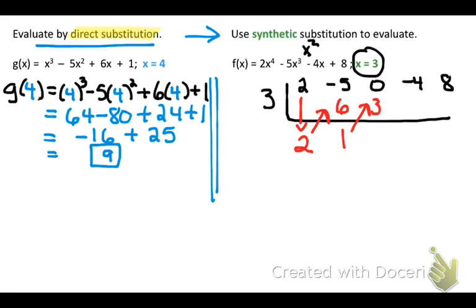We add 0 and 3. 3 times 3 is 9. Negative 4 and 9 is 5. 3 times 5 is 15. 8 plus 15 is 23.